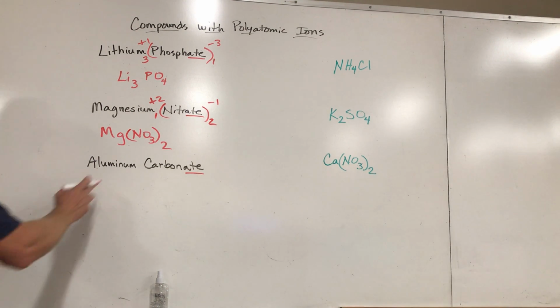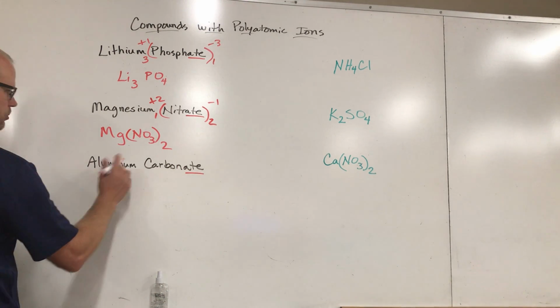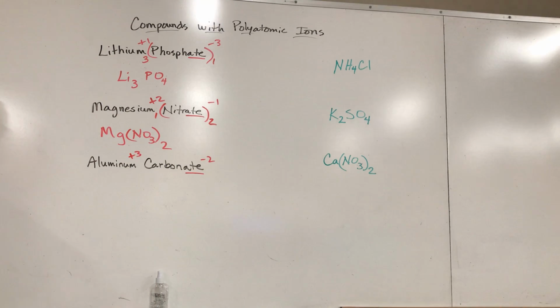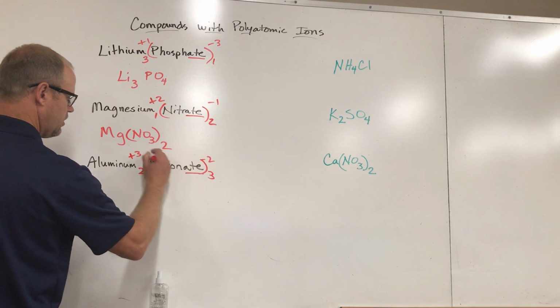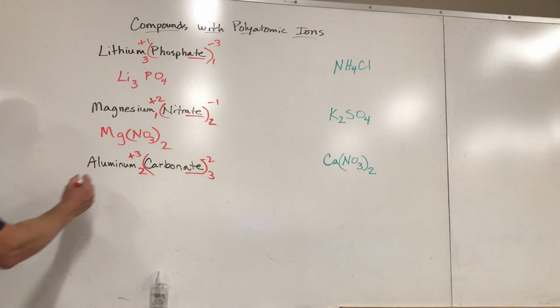Our last one here, aluminum carbonate. The numbers can get kind of messy, so keep track of them. Aluminum is a +3, carbonate's a -2. Those don't cancel each other out, so I'm going to need 2 aluminum ions and 3 carbonates. But be careful, this is where people kind of get messed up. Carbonate itself has a 3 in it, so watch out how you write this.